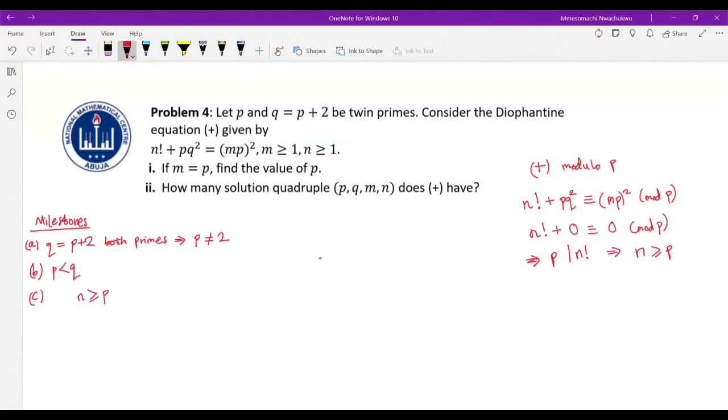Now let's take modulo p². So modulo p², we have that n! + pq² must be congruent to 0 modulo p².